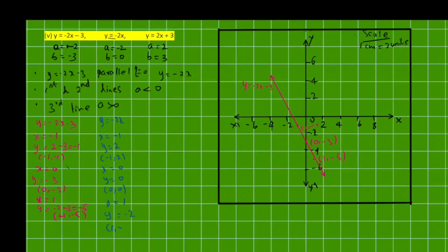So 1 comma minus 2. Plot at minus 1. So minus 1 is here, minus 1 and plus 2. This is here, minus 1 comma 2. Then 0 comma 0. The next point plus 1 comma minus 2.